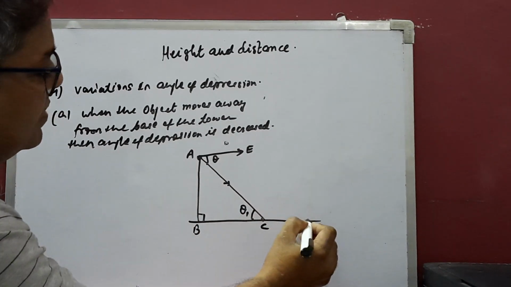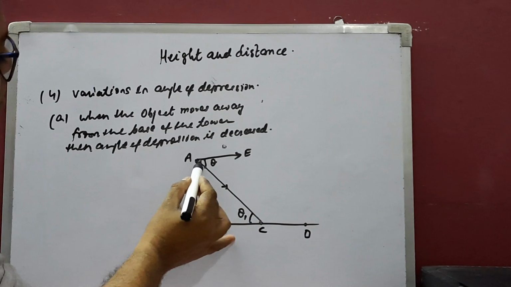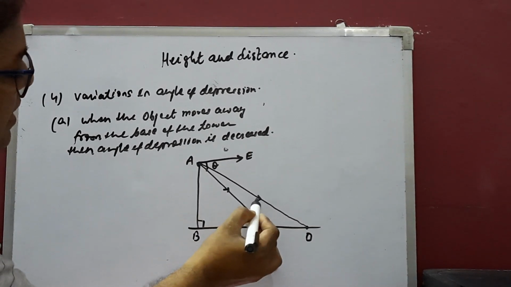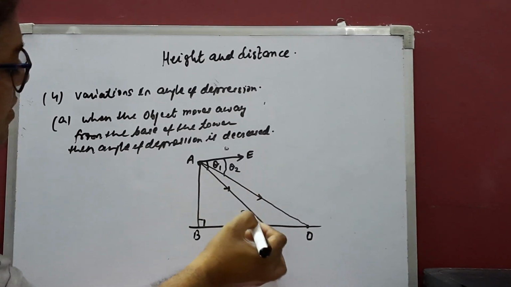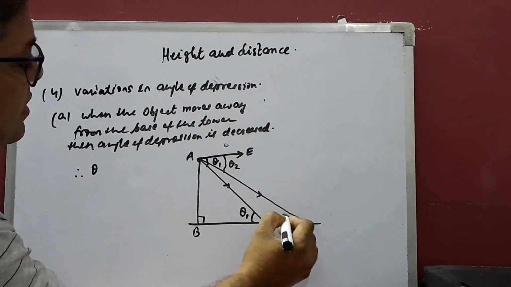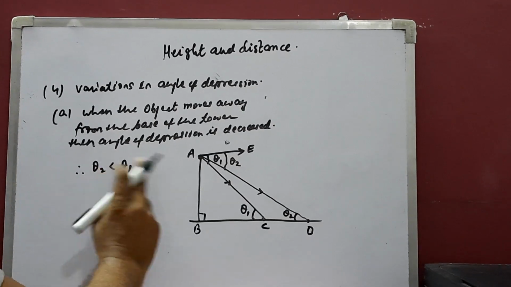Now the object has come here at D. So this is the new line of vision and this is called the new angle of depression. Therefore, this theta 2 is less than theta 1.